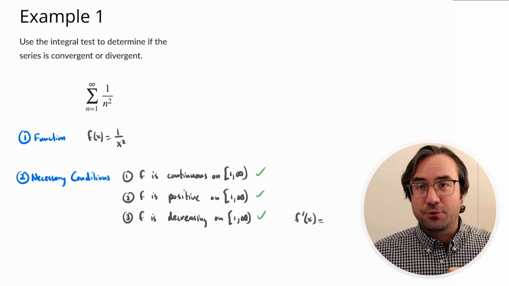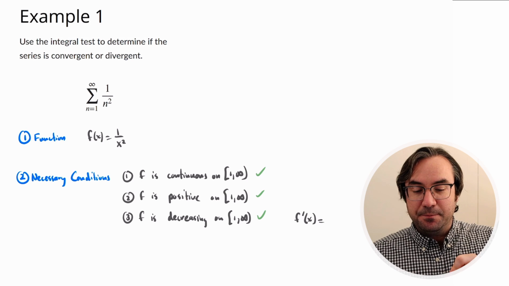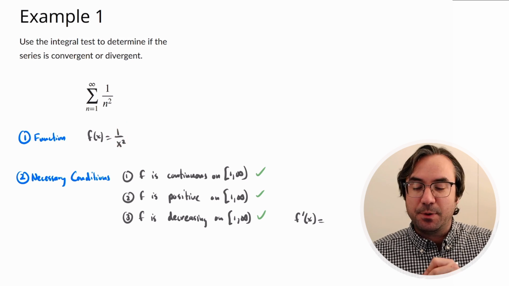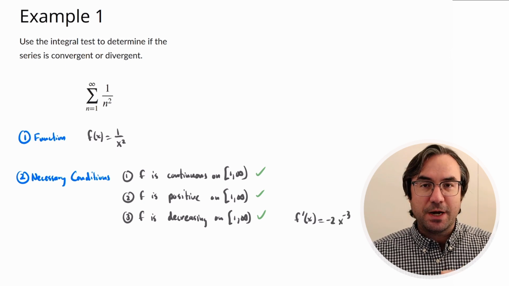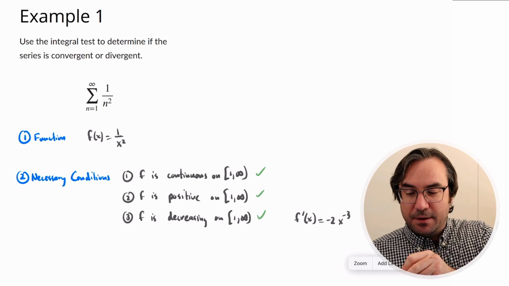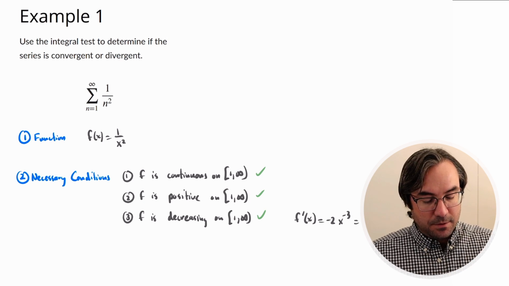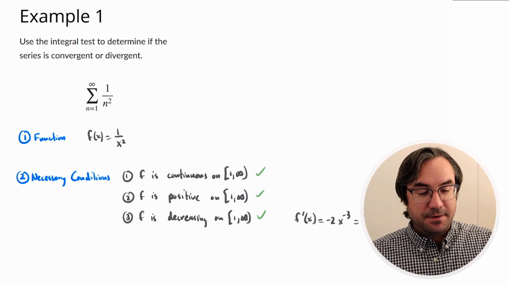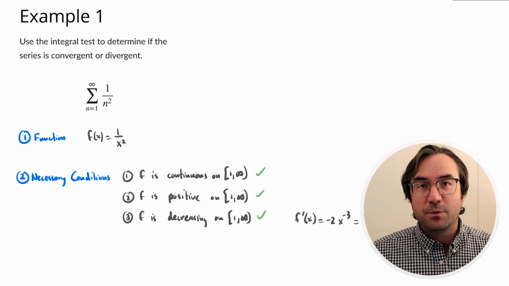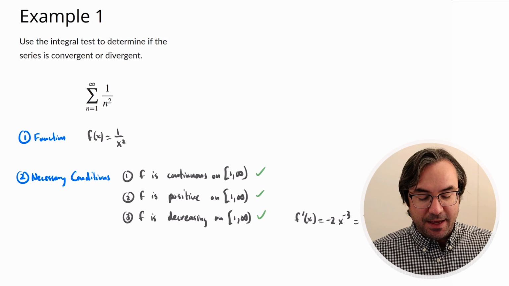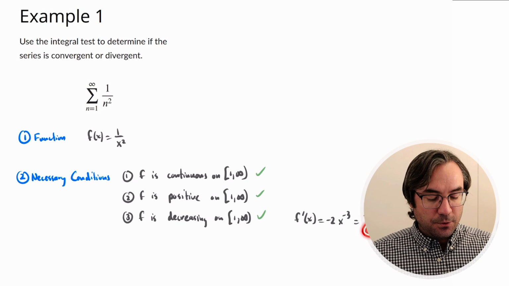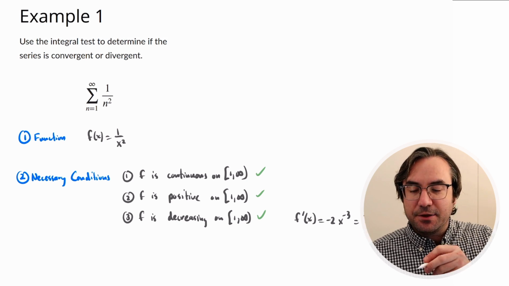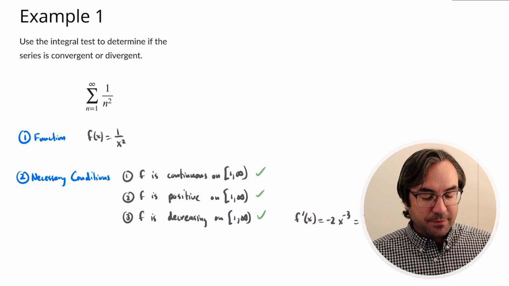So you could calculate the derivative. And what would the derivative be? Well, if we think of this as a negative exponent, we'd bring down the negative 2, keep x, subtract 1, and then if we rewrite that as a fraction, we see that in our derivative here, we've got a negative on the top, and then we're looking at x values that are inside this interval 1 to infinity, so we're cubing positive x values, so that x cubed is always going to be positive.